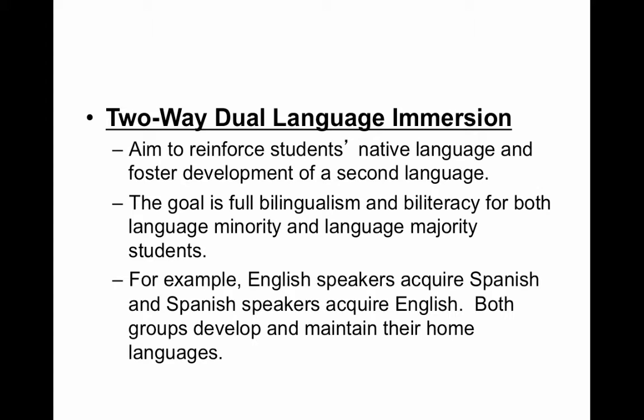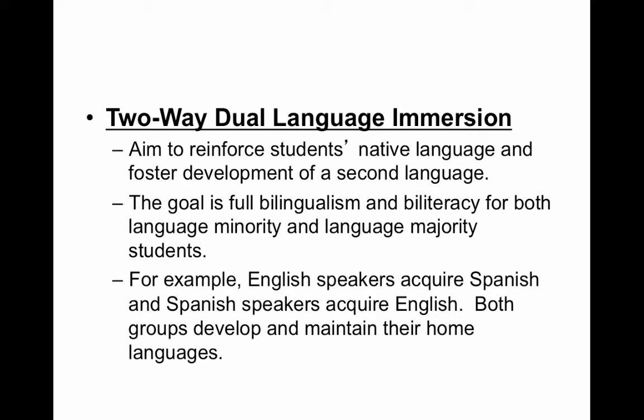Many times this dual language starts in kindergarten and goes all the way through to, I know some programs that go through 8th grade. This two-way immersion reinforces first language and fosters development of second language.